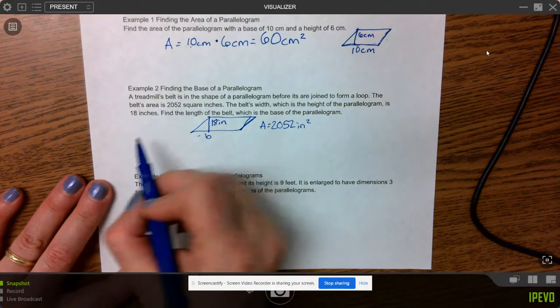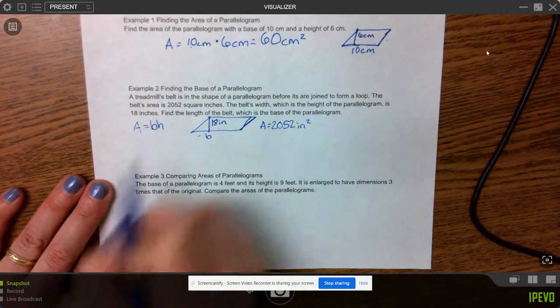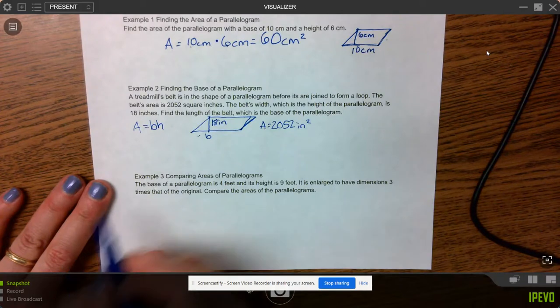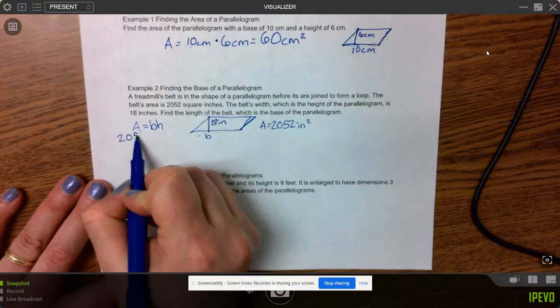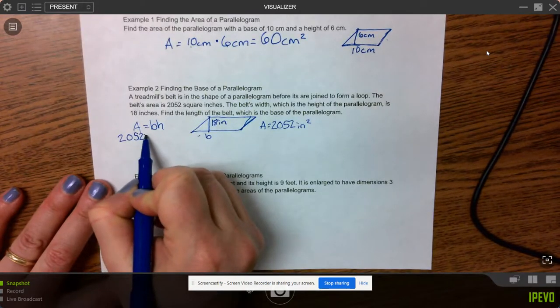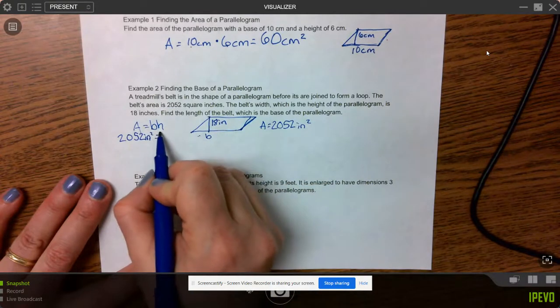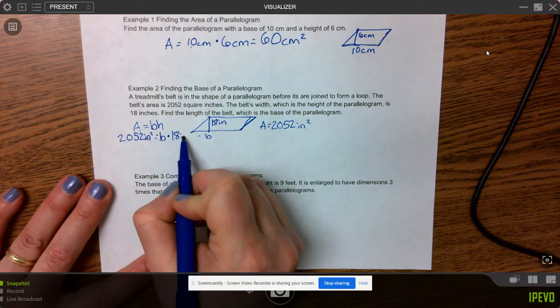If our formula is area equals base times height, we fill in our information. So our area is 2,052 inches squared, and that equals the base times 18 inches.